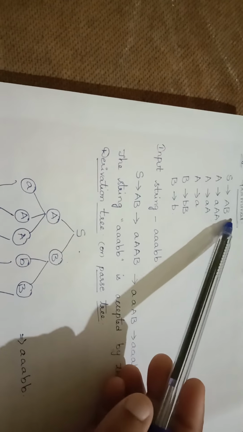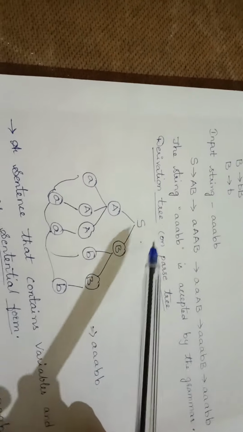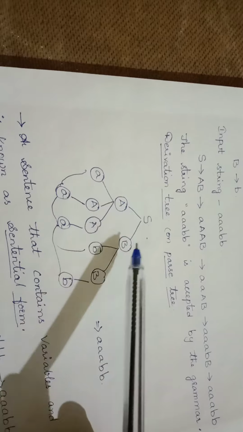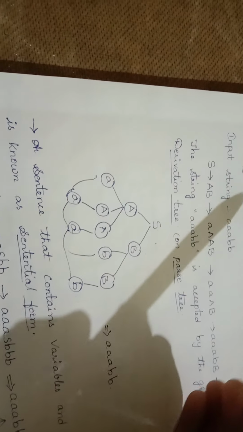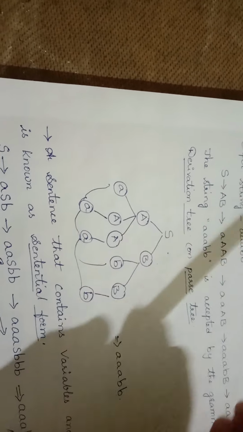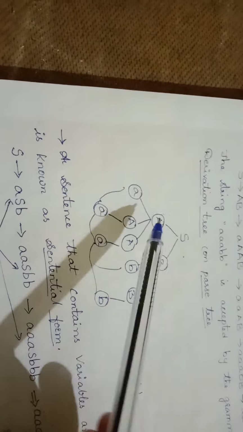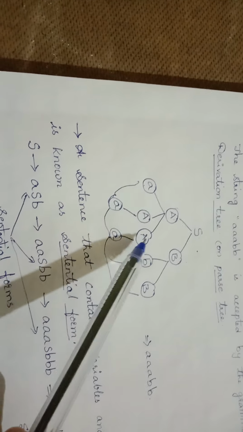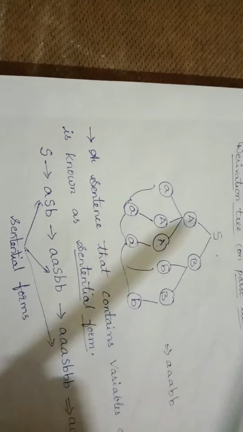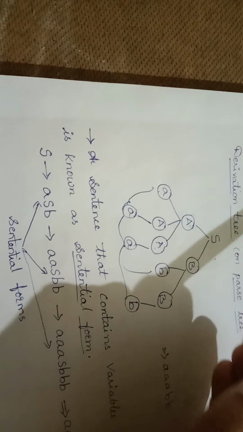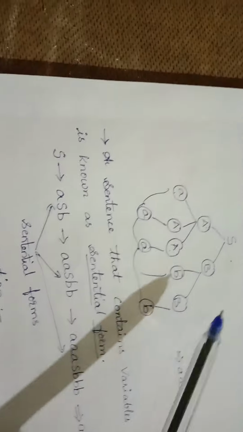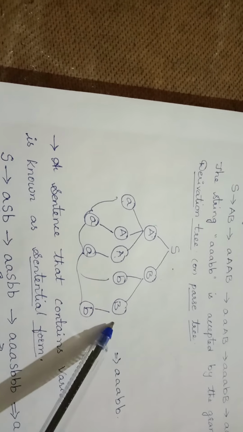So we construct the derivation tree from the given grammar. In the given grammar, S → AB, so S goes to A and B. Now B goes to b.